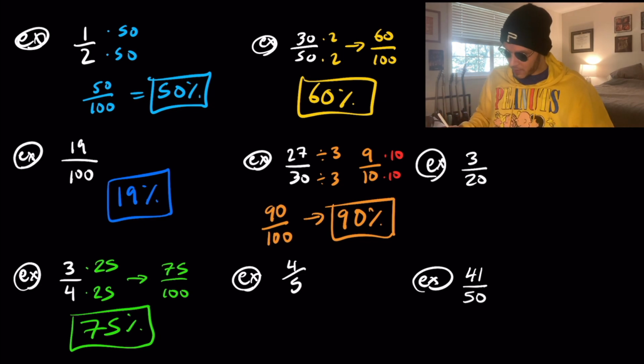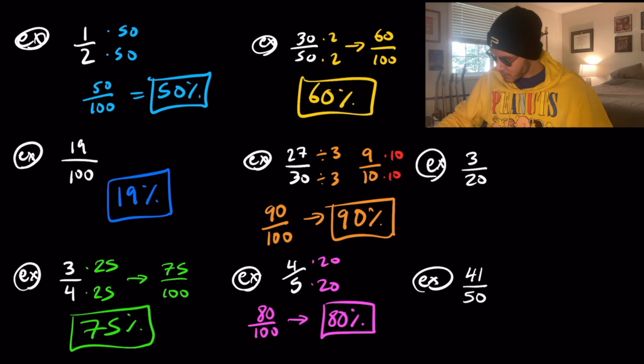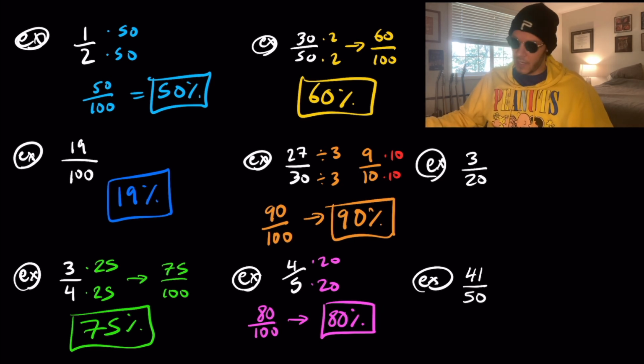All right, 4/5. I'm going to multiply the bottom number by 20, because that's going to give us 100. I'll do it to the numerator as well, to keep things consistent. That's going to give us 80 out of 100. 80 for each 100 is just going to be 80%. All right, 3/20, or 3 out of 20. What number times 20 is 100?